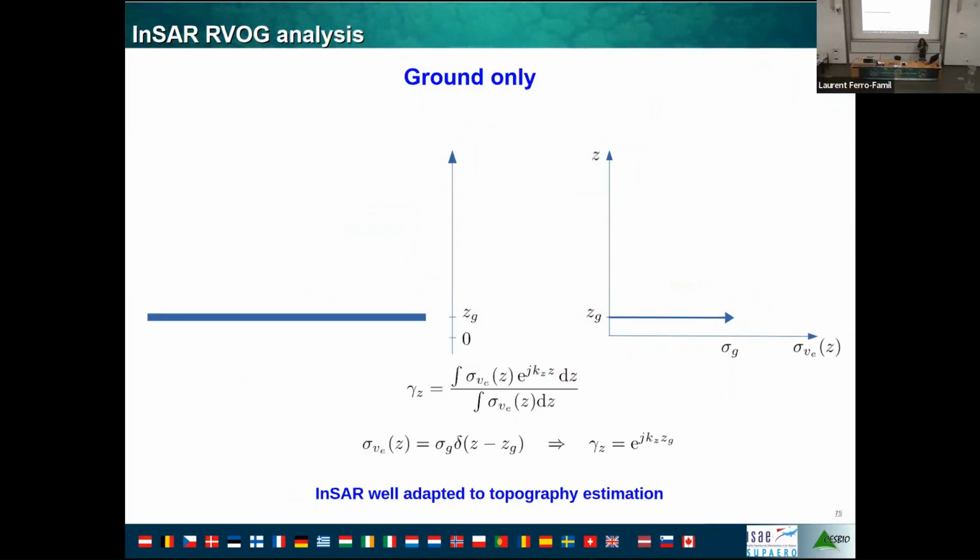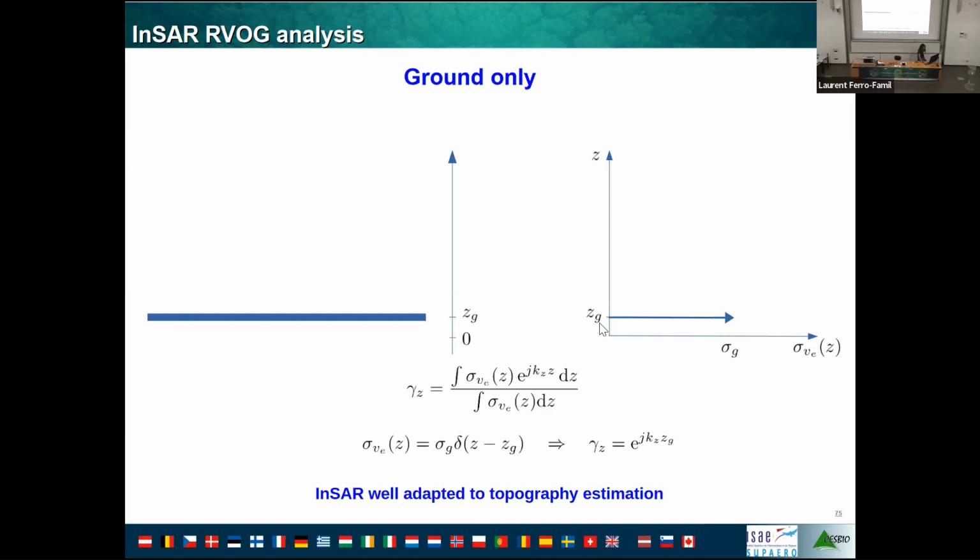So let's start with the response from the ground. We just start from the expression of this coherence. It's an integral. When you compute the integral here, the denominator is the integral of a Dirac, because for us, if you look at the ground from the side in the elevation direction, it has a reflectivity which is different from zero exactly at the ground, and nothing after, and nothing lower than the ground.